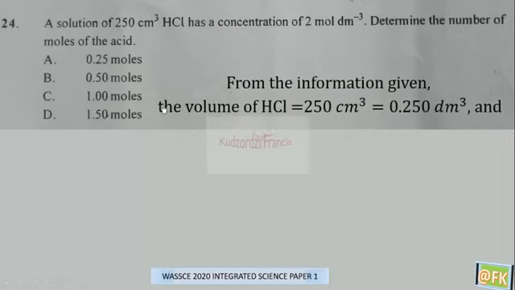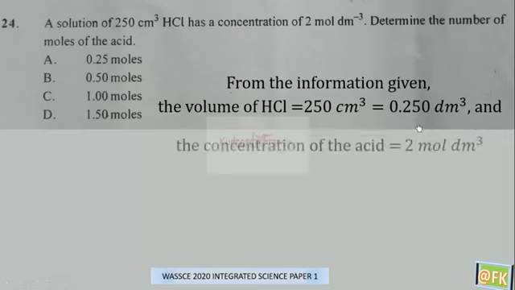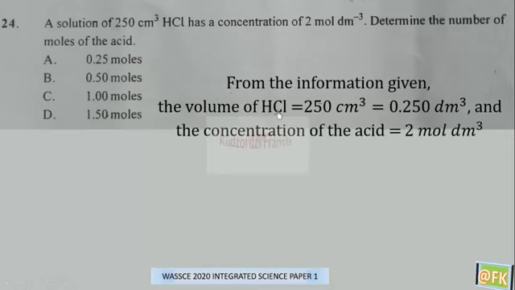From the question, we know the volume of the acid and the concentration. We have to change the volume from cm cubed to decimeters cubed. By doing so, you divide by 1000, and that gives you 0.250 decimeters cubed.